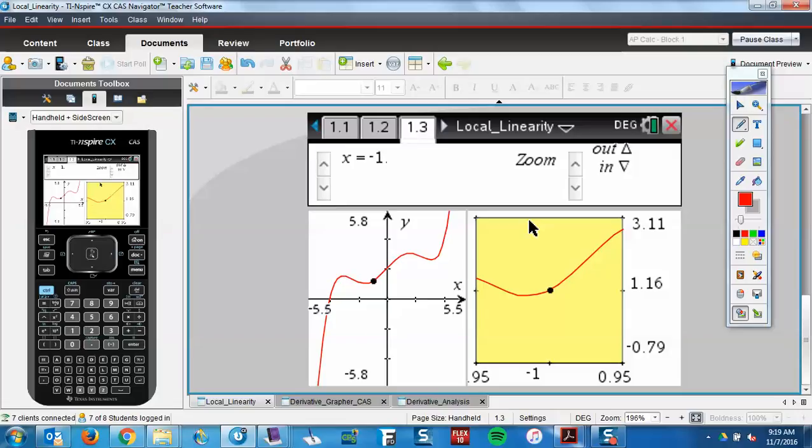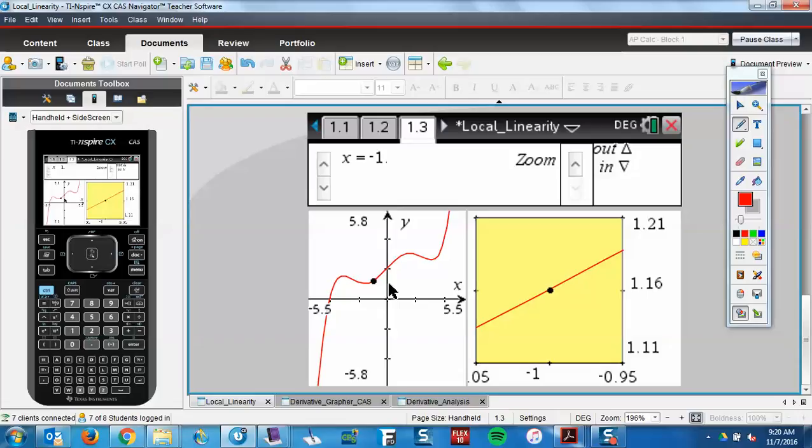If I wanted to find the slope at that black point right there, this window is actually zooming in. If I zoom in, look at the scale change here. If I actually zoom in, what happens eventually? It looks straight. What we're talking about here is called local linearity.